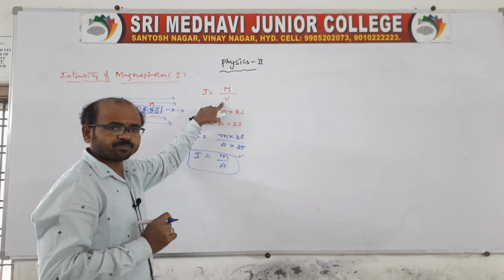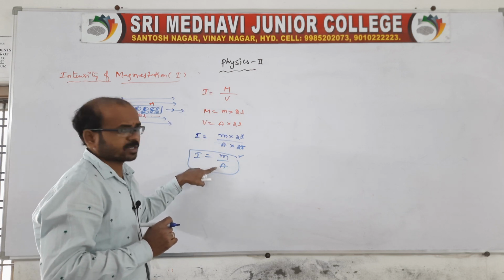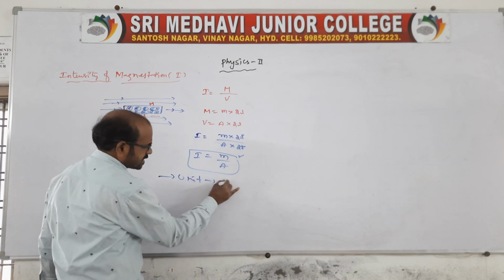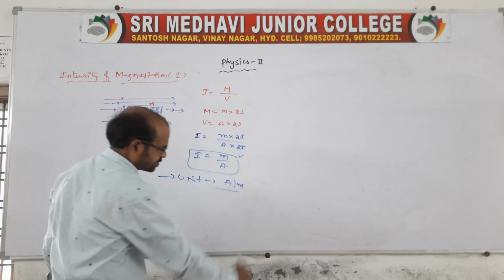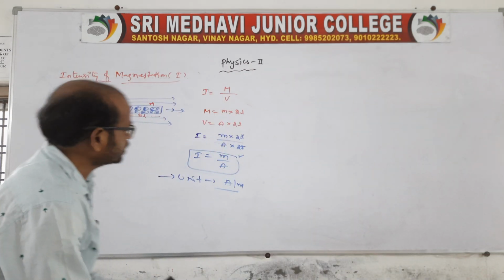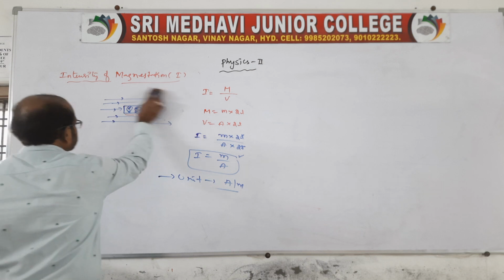What will be the units? The unit is ampere per meter. Remember, this is very important: intensity of magnetization is related to intensity of magnetizing force, or intensity of magnetizing field.